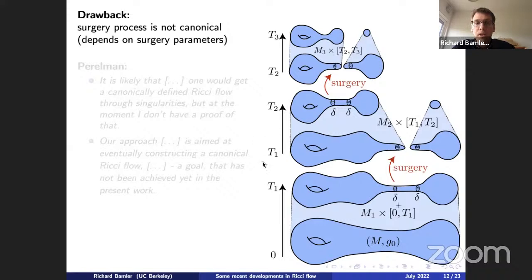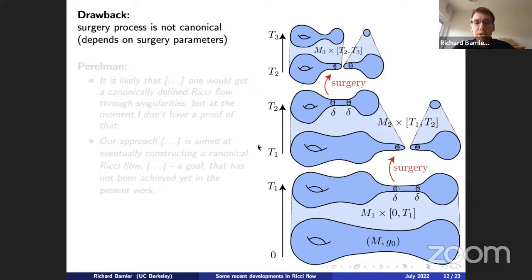By this, I mean it depends on several surgery parameters for which there doesn't seem to be a canonical choice. For example, the surgery construction depends on the size of the surgery scale delta at which I cut the cross-sectional 2-spheres, and that just doesn't seem to be a canonical choice. Delta has to be small for the construction to work out, but positive, and there's no small and positive number that's canonical.